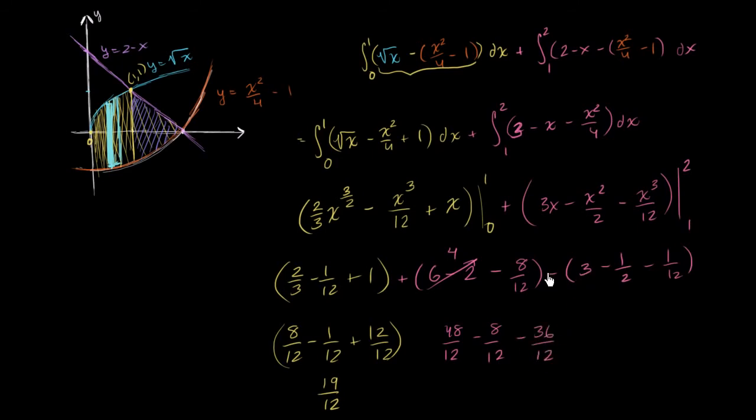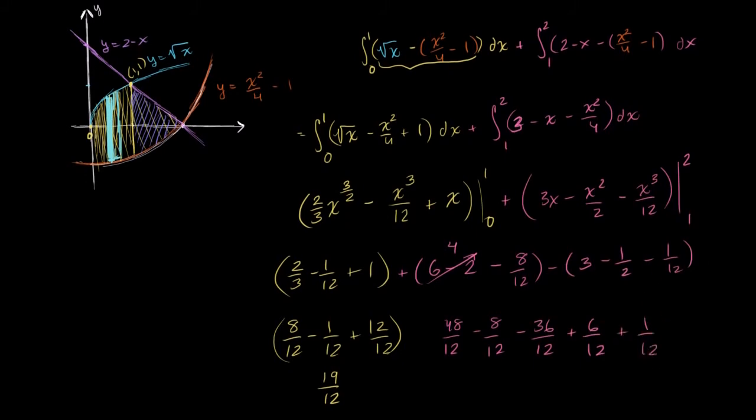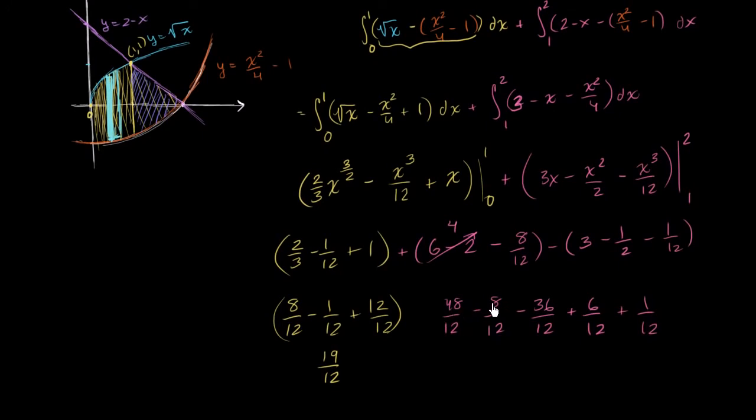Then we add 1/2, which is plus 6 over 12, and then we add 1/12. This all simplifies to 48 minus 8 is 40, minus 36 is 4, plus 6 is 10, plus 1 is 11. So this becomes 11 over 12. Let me make sure I did that right: 48 minus 8 is 40, minus 36 is 4, 10, 11. That looks right.